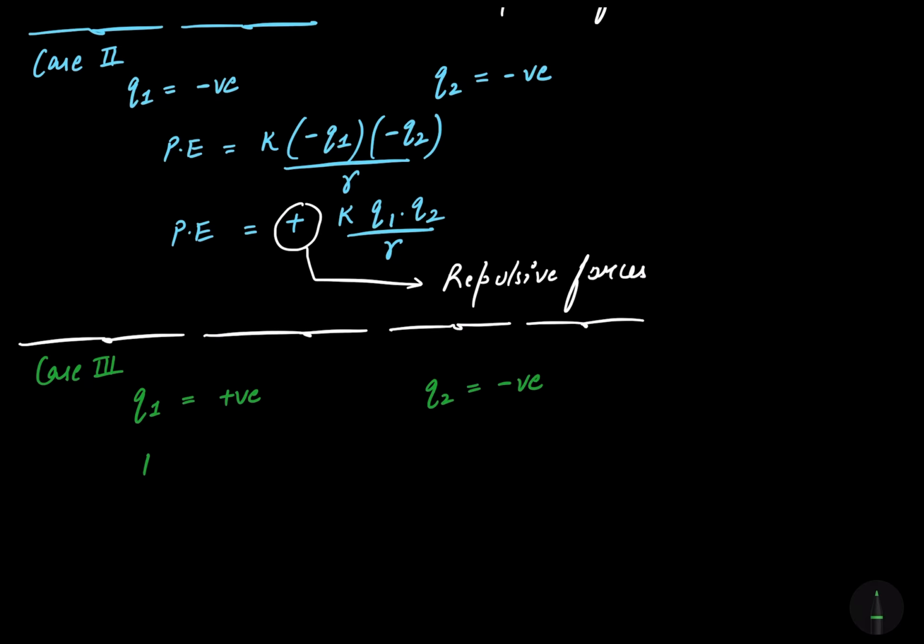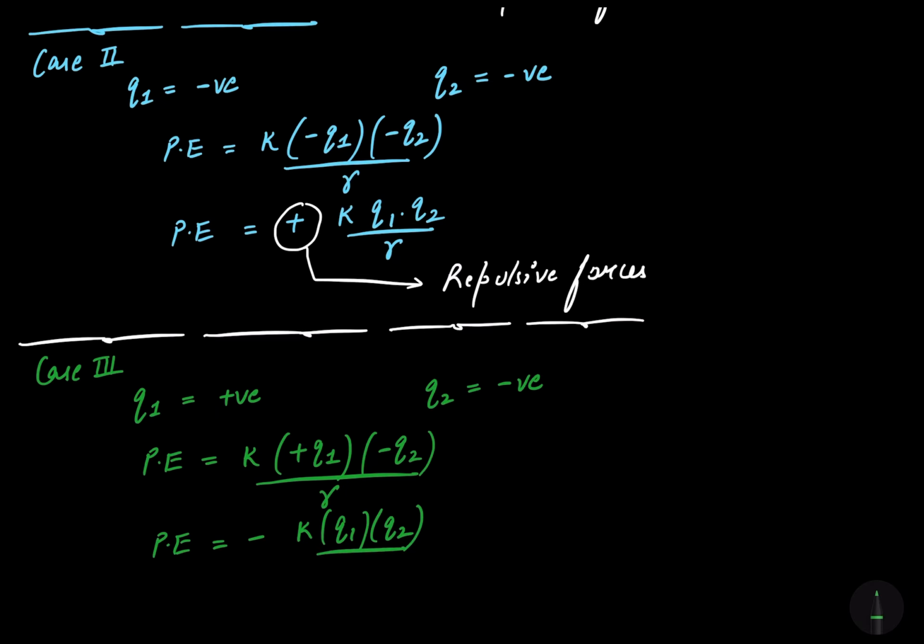So my potential energy comes out to be K into plus Q1 and minus Q2 divided by small r. Now plus into minus comes out to be minus. So it's minus K Q1 into Q2 divided by small r.